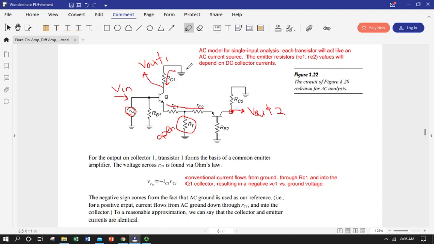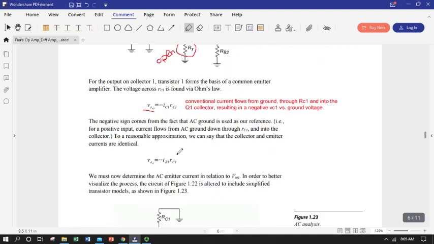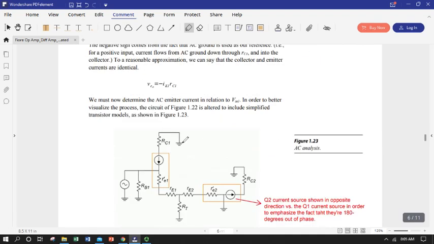We know from our AC model, we can say we've basically eliminated our DC voltage sources and grounded them out like we always would for our AC model. So we can write an expression for our voltage drop over the collector resistor as just the collector current times the RC1, and the same with RC2. And we can assume that our collector AC current and our emitter are approximately the same, just like we do with DC, because we can do that with a BJT for both modes.